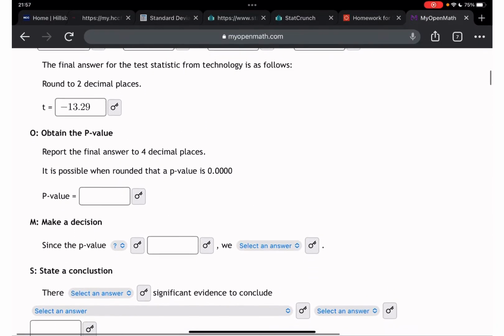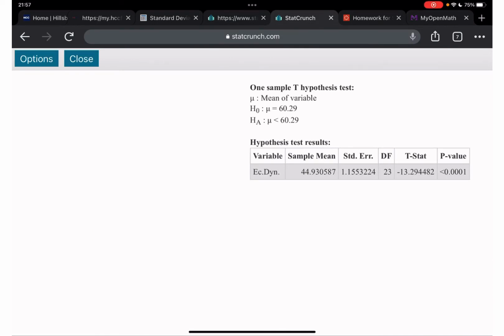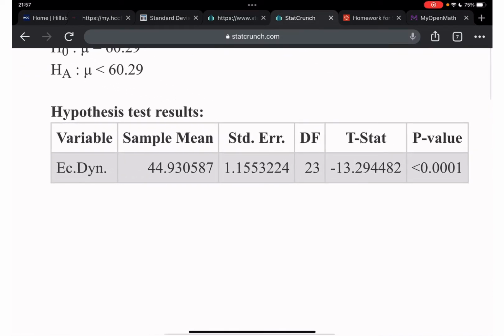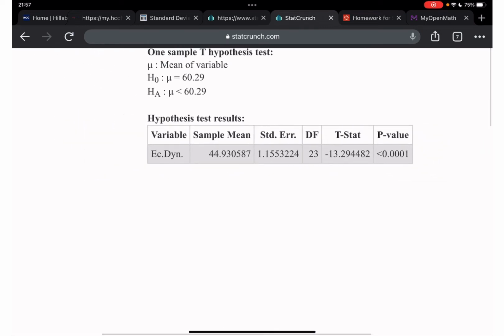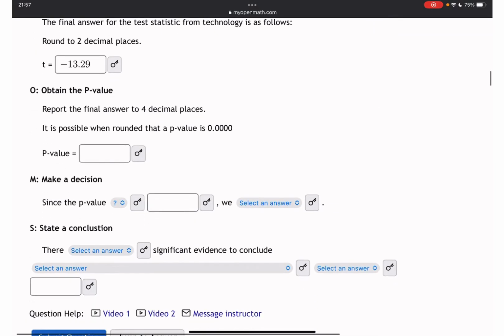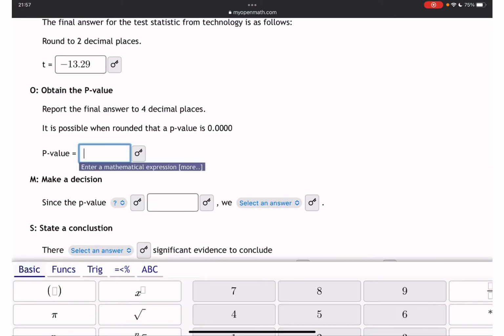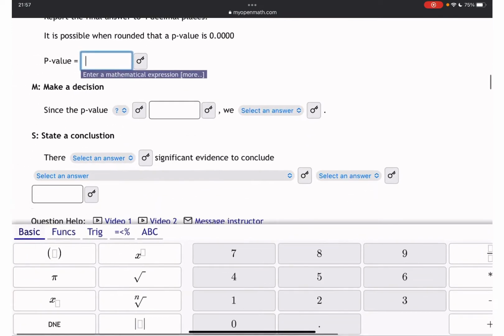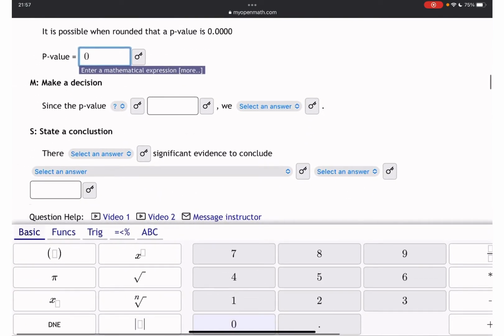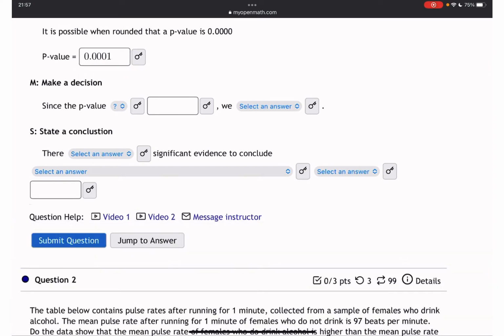All right, let's go. Here is our p-value. So less than 0.0001. All right, let's put it there. This is our p-value, right?